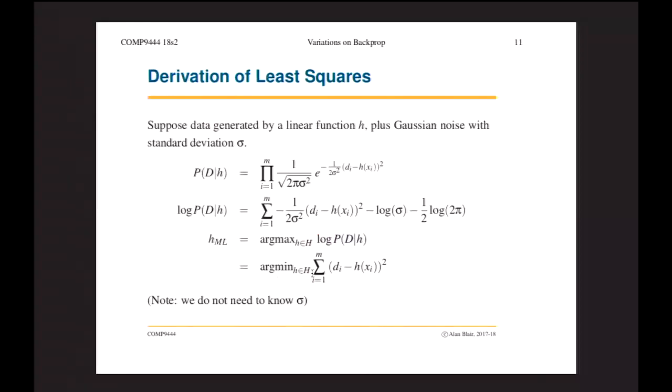And this is sort of the beauty of this, that we didn't need to know what sigma was. It actually doesn't matter what sigma is. In any case, we need to minimize this sum squared error. Okay, are there any questions about this? Good, okay, so that's sum squared error.